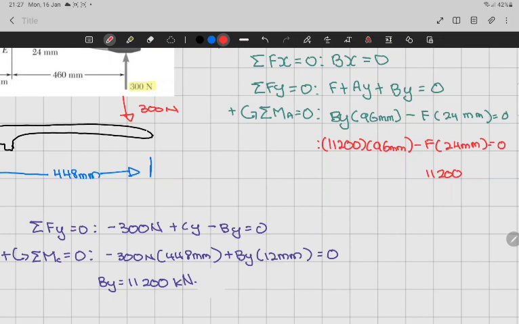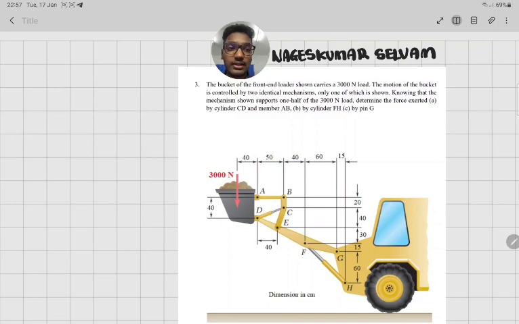This time we get 1075200 negative 24. So the force is equal to 44800 Newton. We convert to kilonewton, it will be 44.8 kilonewton. So the gripping force here is 44.8 kilonewton.